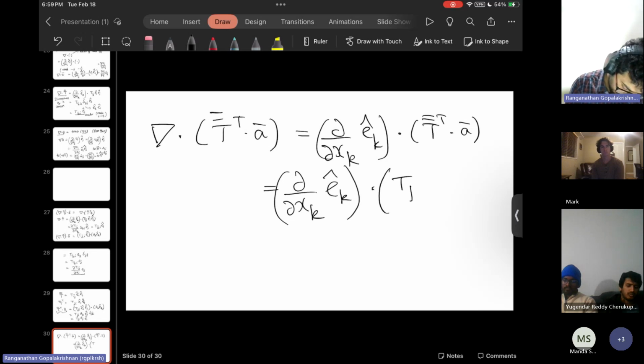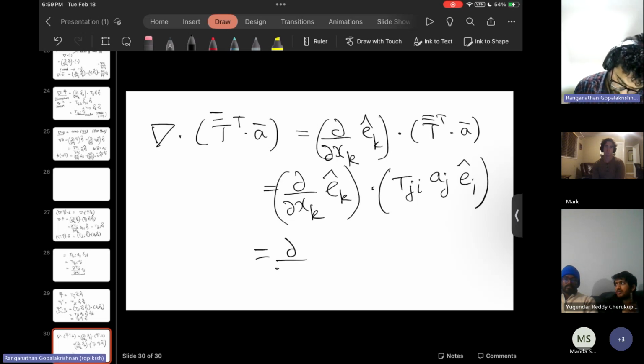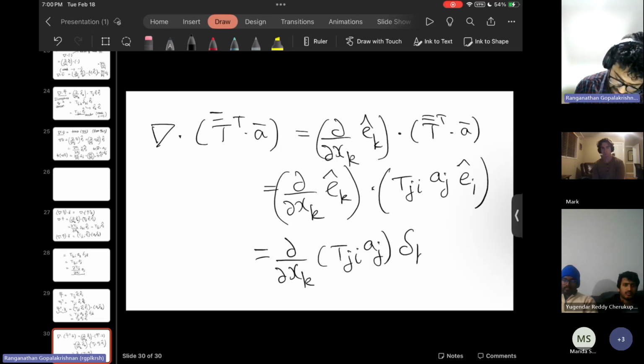That is, this is T_ji A_j e_i. So this would be partial over partial x_k of T_ji A_j delta_ki, or this is partial over partial x_i of T_ji A_j.